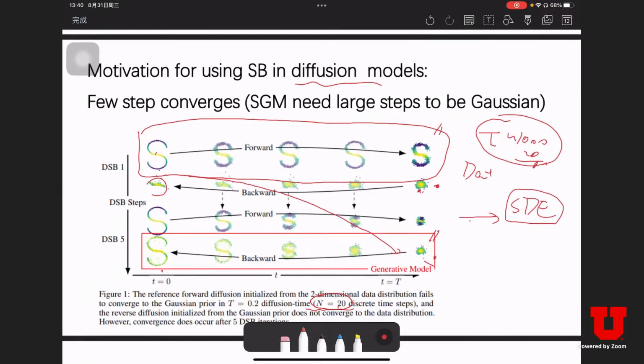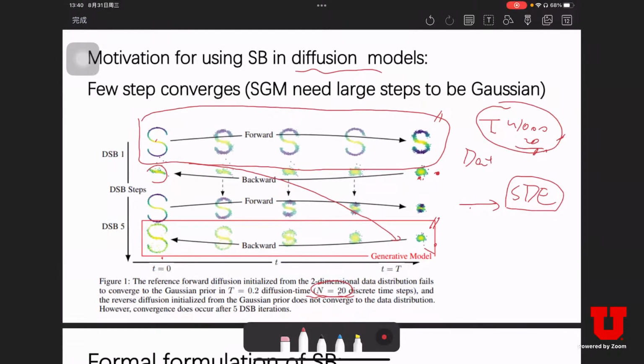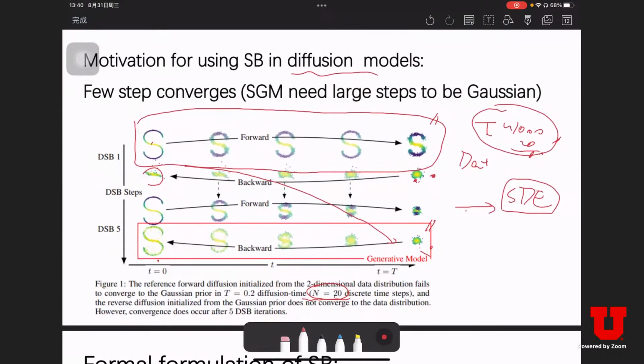But in the initial diffusion model, to reach that ideal case, you have to set the diffusion step very large, or even with the SDE, you have to set the evolving time of your SDE to be very long, and then you can transform the samples from your initial data to noise. However, with the Schrödinger bridge, your forward SDE is learnable. It can bring you a more nonlinear effect, and you can reach the transition from the data to the noise in a very efficient way. That's the big motivation for using the Schrödinger bridge.